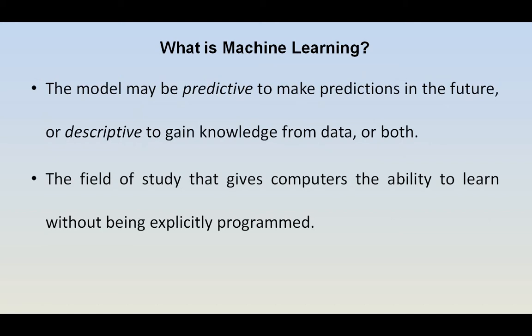Next, whatever model we have generated or developed may be predictive, so it gives some set of predictions in the future, or descriptive. Models may be of two types actually, predictive models and descriptive models. Predictive models help us to make predictions in the future, whereas descriptive models are used to gain knowledge from the data.